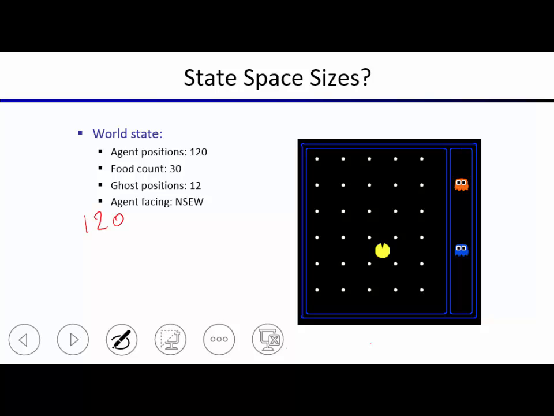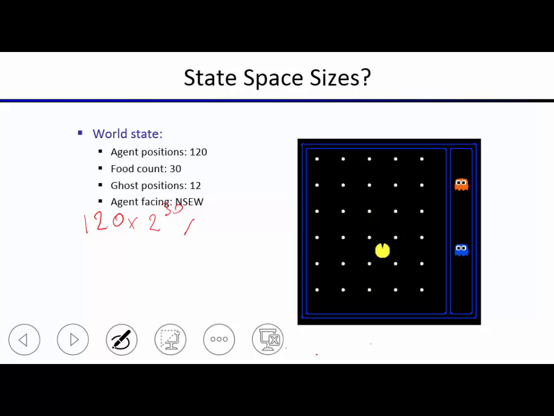Then we multiply with the number of values the next variable can take on, where there is still food. So keeping track of the food takes 2 to the 30, because for each of these 30 food pellets, it could still be there or not be there anymore.